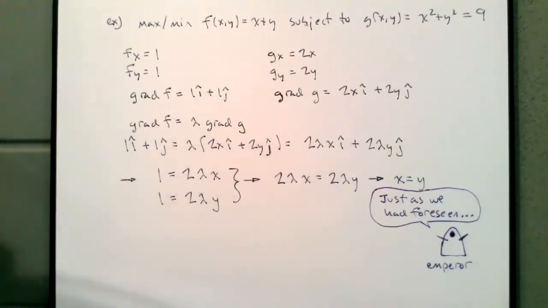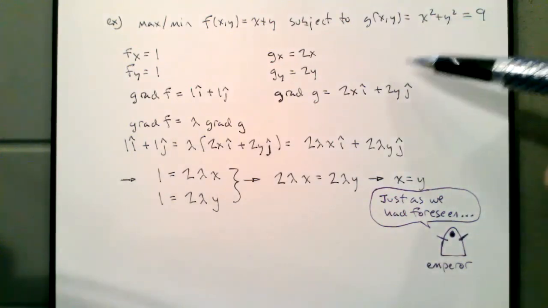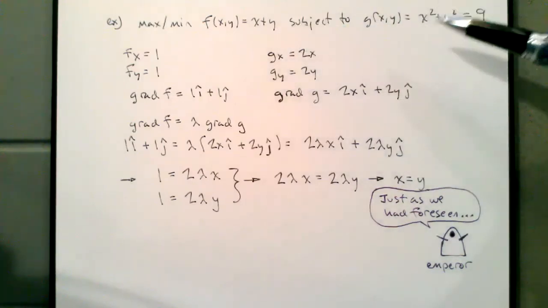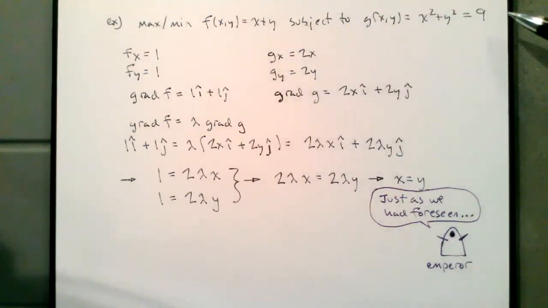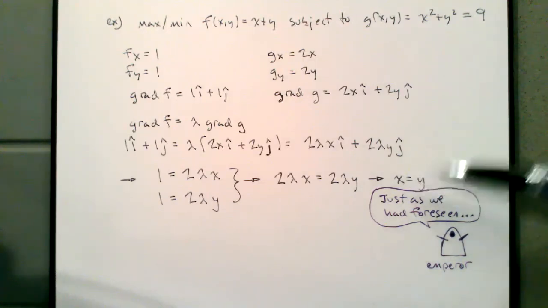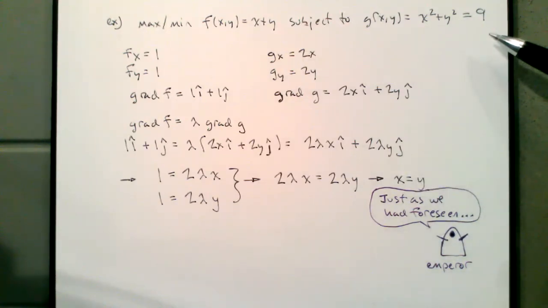Notice that this was all based on the function f of xy and the function g of xy. We haven't brought the 9 into it as well. But once we have this restriction, x is equal to y, we can take this and plug it into our constraint to find actual values for x and y.